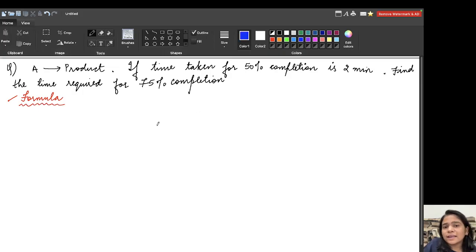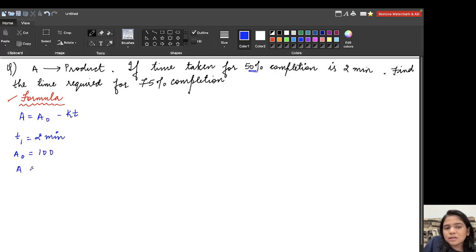What is the formula telling? Time taken for 50% completion. See, we know our formula: A equals A naught minus kt, correct? Now, time T1 is given to you as 2 minutes. 50% completion means original is 100, right? Let your A naught be 100.